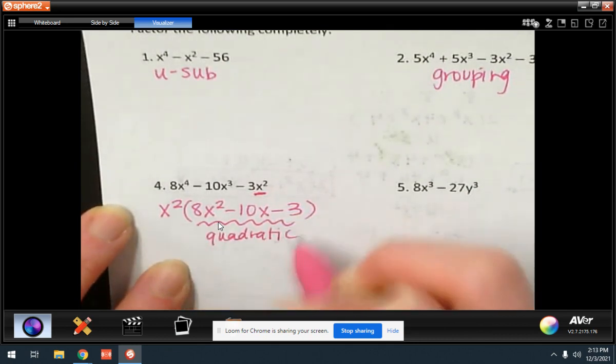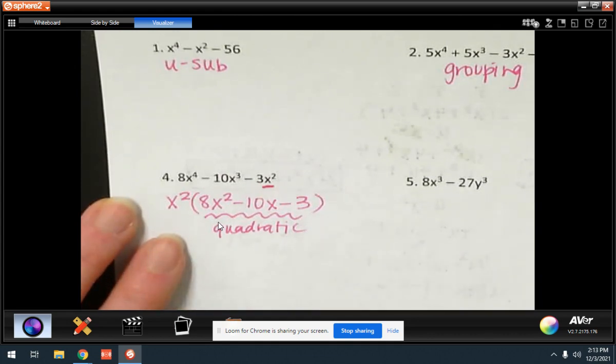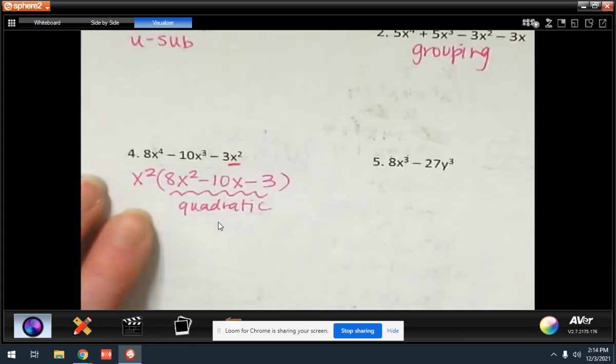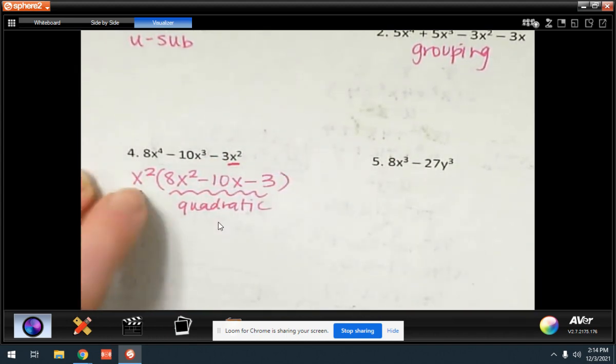Okay, so if I take any quadratic and multiply it through by x squared, suddenly you're working with a degree 4 polynomial. Okay, and so you would just factor that the way you've been factoring quadratics since unit 1. Okay, it's not even one of our special cases for degree 3 and degree 4. Just a GCF. Don't forget to write him in your final answer.